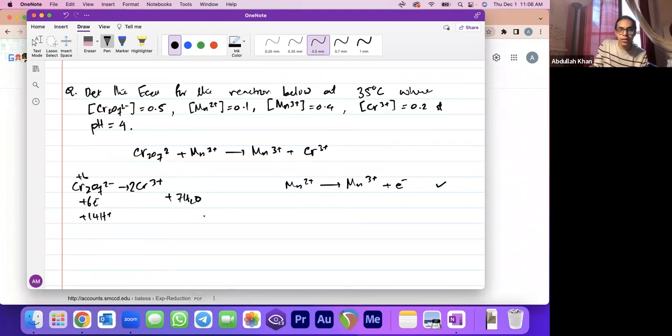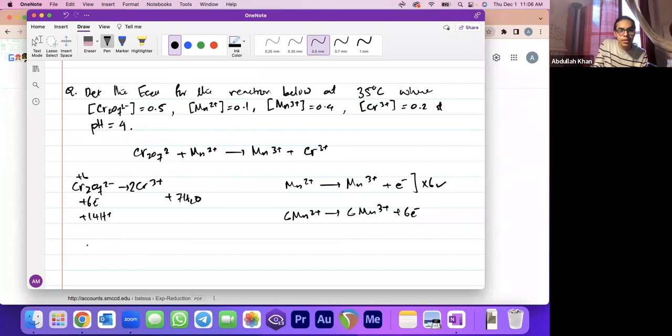All right, 6 electrons, a single electron here, so times 6. And now this becomes 6 Mn2+ becomes 6 Mn3+ plus 6 electrons.